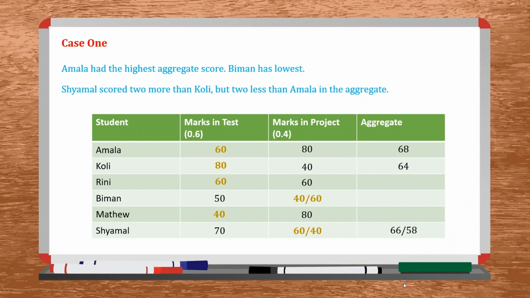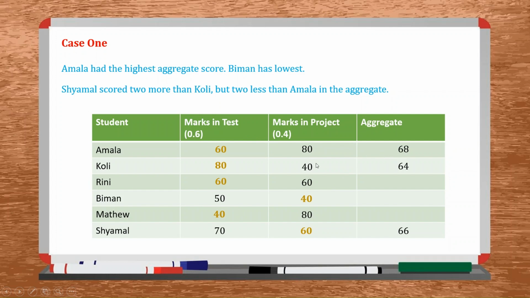If I'm removing 58 as a possible value, then I will also have to remove 40 as a possible value from Shamal's project marks. And indirectly, I'll be removing 60 from Biman's marks in the project. So if I'm removing 58, I have to remove 40 from Shamal and 60 from Biman. So now this is the possible set that I have.